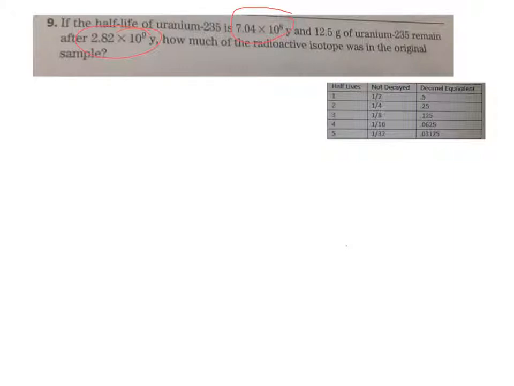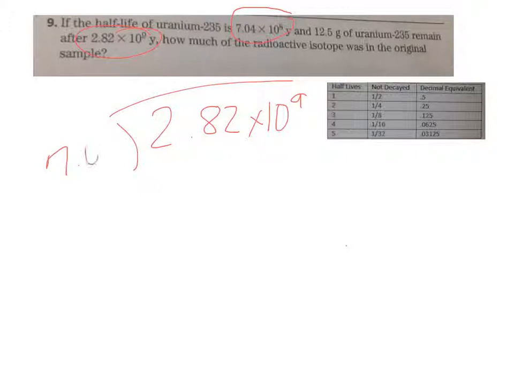So you just need to divide 2.82 times 10 to the 9th by 7.04 times 10 to the 8th. And that's going to end up giving you 4 for your answer. Now, if you have 4 half-lives that have occurred, that's going to tell you you should have 1/16 of your sample left.